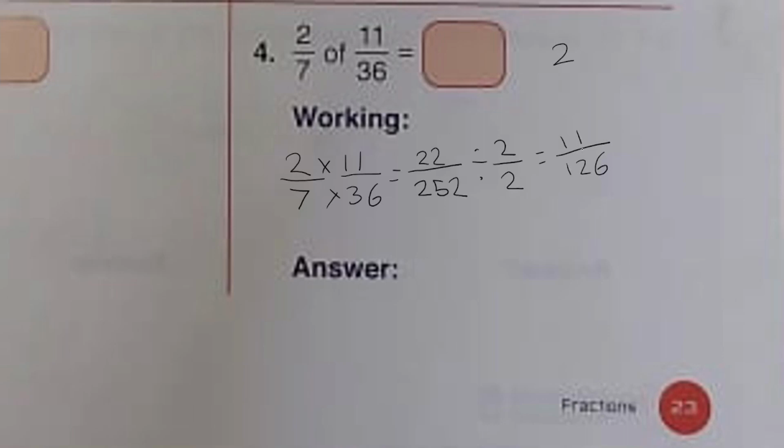Okay, and remember, if you are dividing, you can check your division by multiplying. Okay, so 126 times 2 is 252. Okay, the same as 11 times 2 is 22. So there we have our 22 over 252. Okay, so it's an easy way to check if you've got your maths correct.